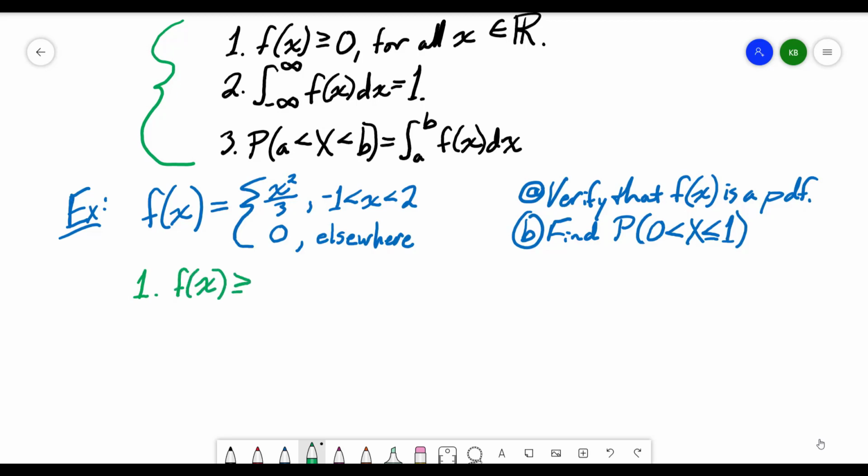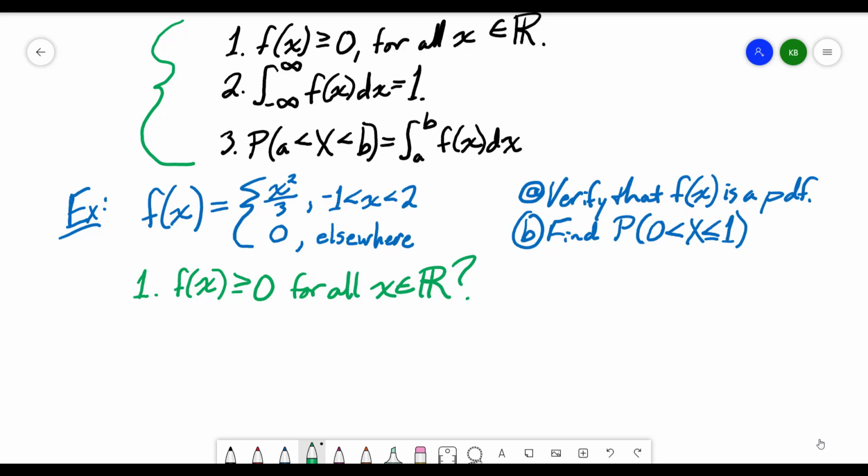to be greater than or equal to 0 for all x in the real numbers. So whenever x is outside of the negative 1 to 2 range, the function is 0, so it's definitely true there. Then we just need to consider, is x squared over 3 positive, or 0, for everything between negative 1 and 2?